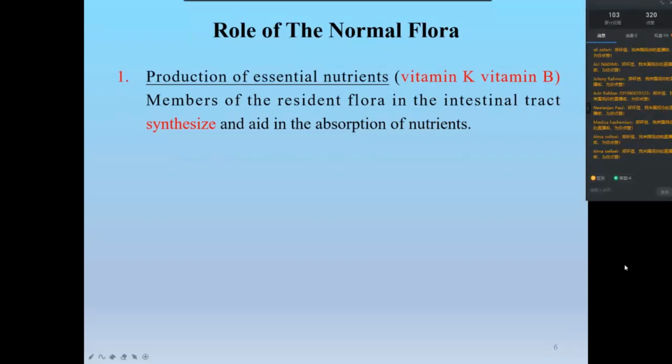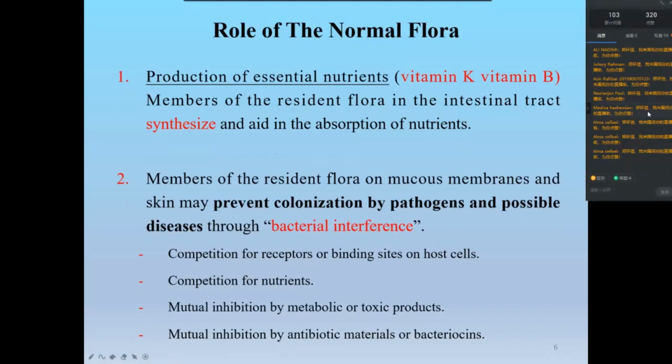Or the flora can contribute to mutual inhibition by metabolic or toxic products. That is, the flora can produce some molecules which are toxic to pathogens, or they can produce antibiotics or bacteriocins, like what we learned, colicin.